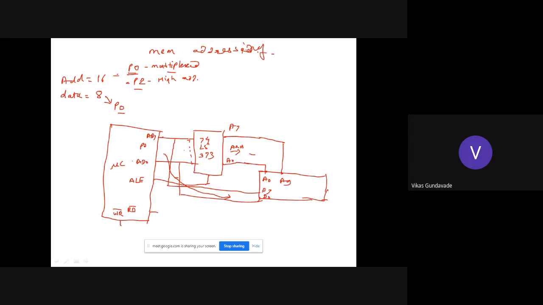Whatever data the microcontroller wants to write to the memory is made available at port 0, and when the write bar signal goes low, this data is written directly to the memory.